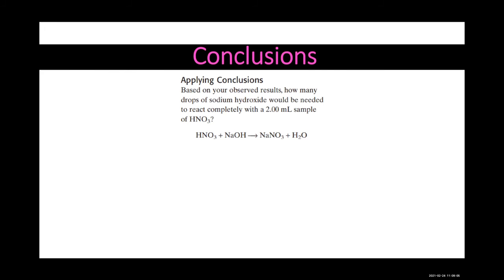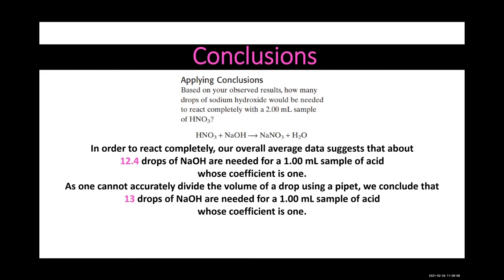Applying conclusions. Based on your observed results, how many drops of sodium hydroxide would be needed to react completely with a 2 milliliter sample of nitric acid? In order to react completely, our overall average data suggests that about 12.4 drops of sodium hydroxide were needed for a 1 milliliter sample of acid whose coefficient is 1.